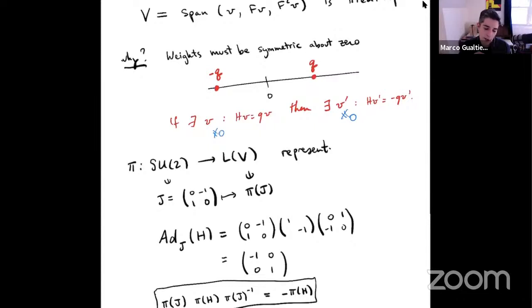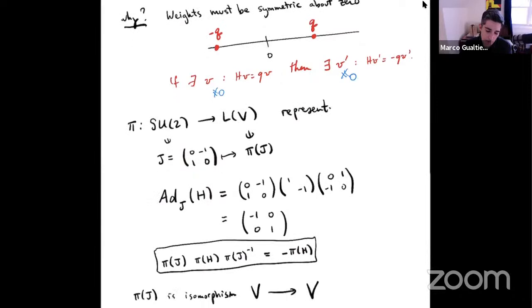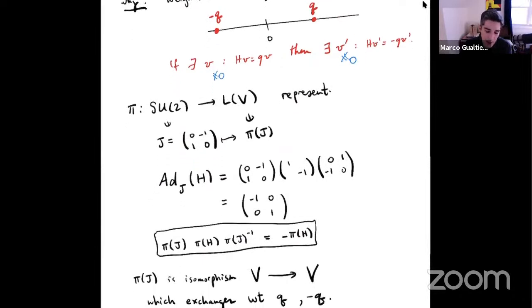The reason is that there's a very nice matrix in SU2, this matrix here. This is a matrix which squares to -1, so it defines a kind of complex operator. It behaves like the number i, which squares to -1. The representation will take it to some unitary matrix.